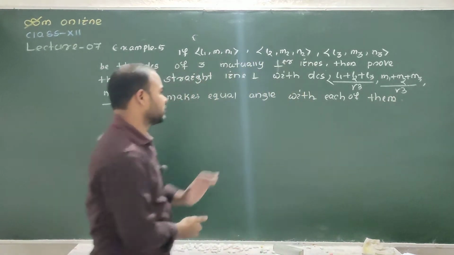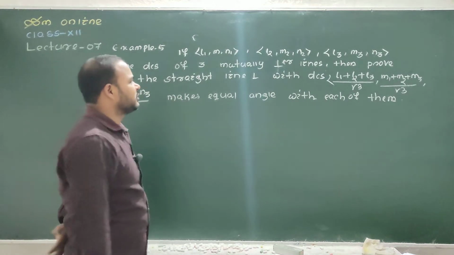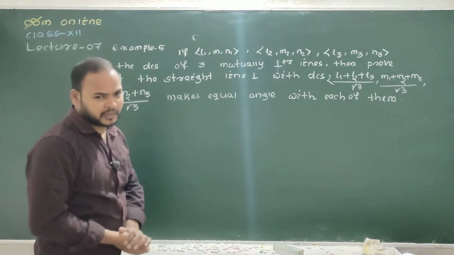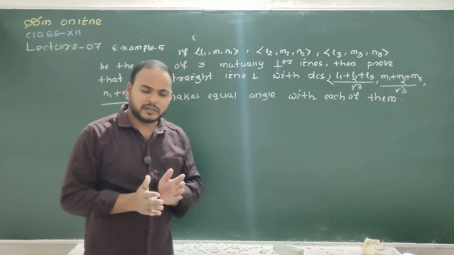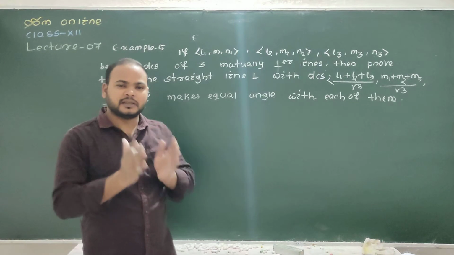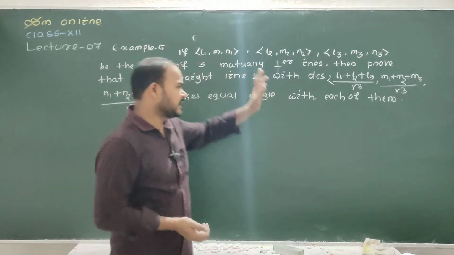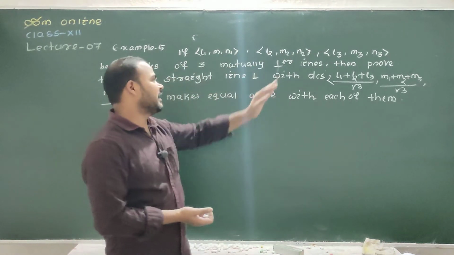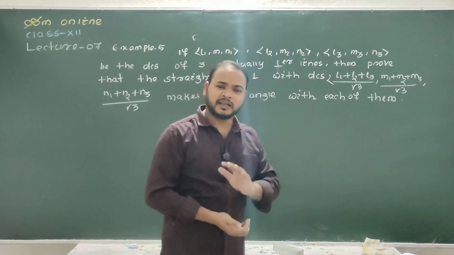Okay, now this question says that L1 M1 N1, L2 M2 N2 and L3 M3 N3 are the DCs of three mutually perpendicular lines. Mutually perpendicular lines means they are perpendicular to each other. The DCs of the first line are L1 M1 N1, of the second line L2 M2 N2, and of the third line L3 M3 N3.